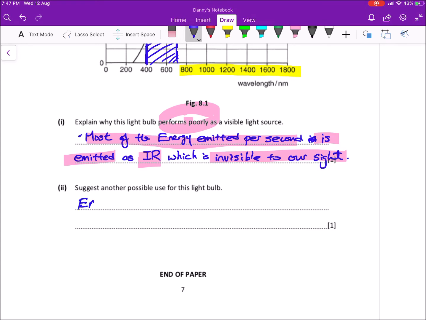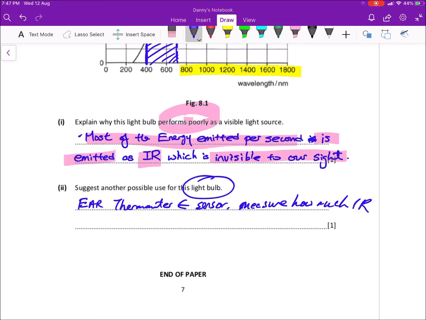So if you are talking about your ear thermometer, it is a sensor that will actually measure how much IR is given off by your skin. So is your light bulb a sensor that can measure how much IR is given? No, right? So it doesn't work that way. Yeah. Some of you say head thermometer, same thing. Okay, any thermometer is a sensor. It measures things. Light bulb doesn't.